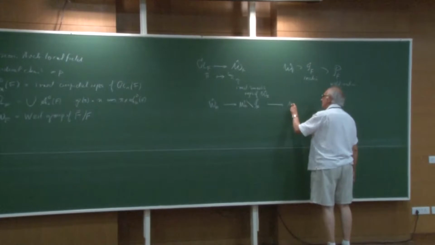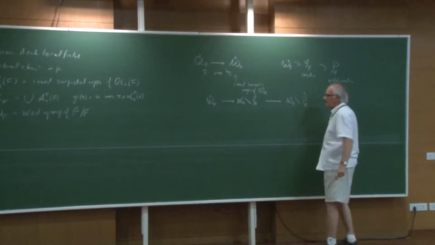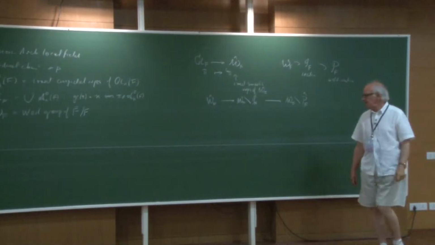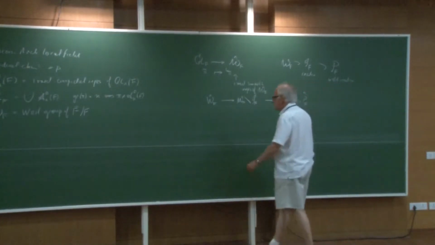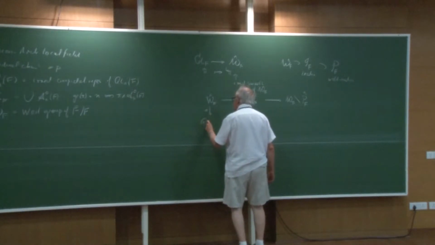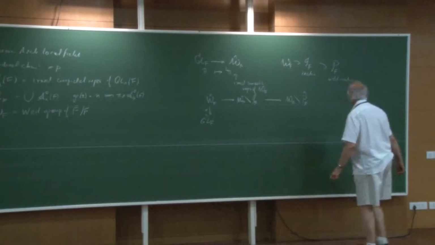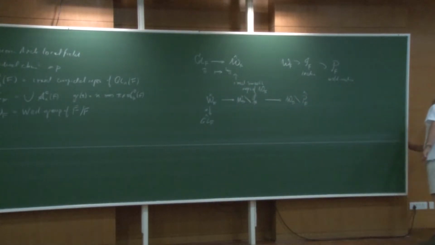I can take it further and restrict to wild ramification, and I get that. This is the same as GL hat F. I'll break my normal rule and push this board up a bit.